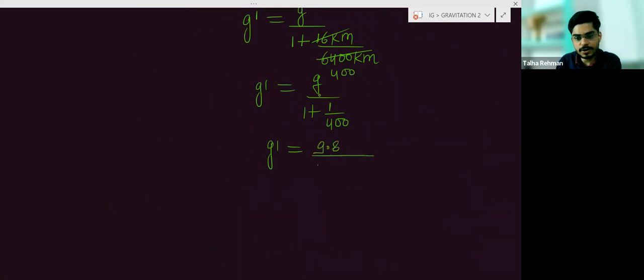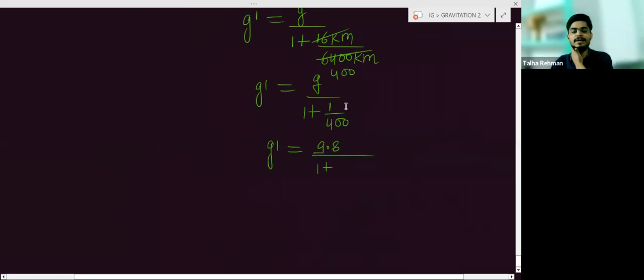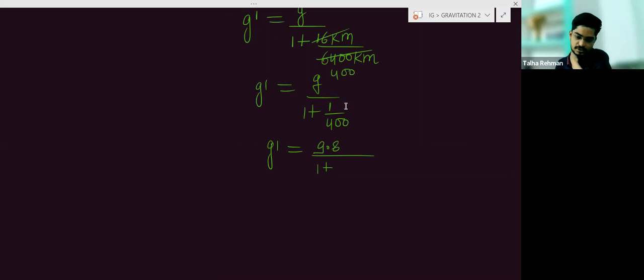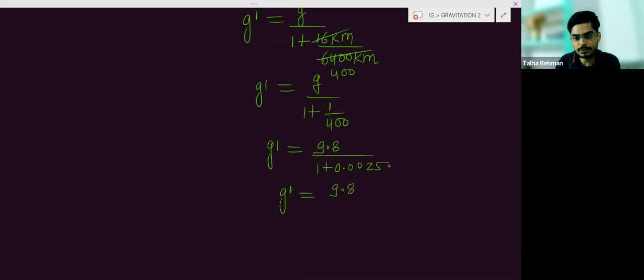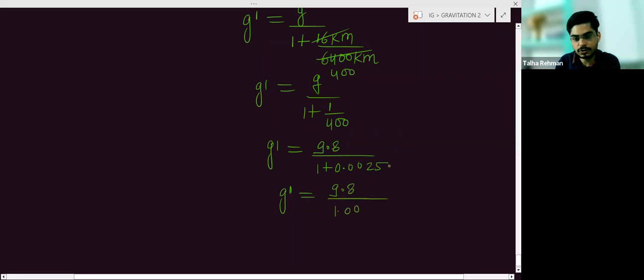And 1 plus 1 by 400 will be 1.0025. So g dash value will become 9.8 divided by 1.0025, which is 1 plus 0.0025.